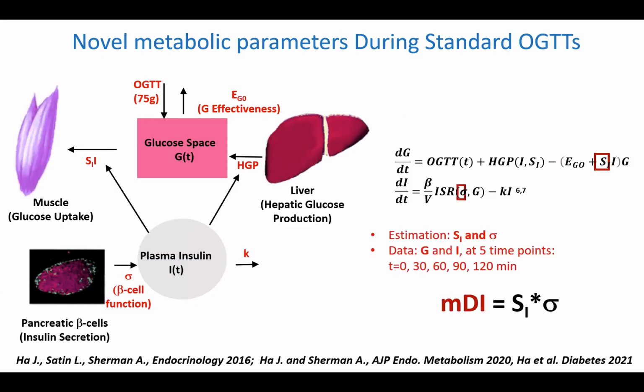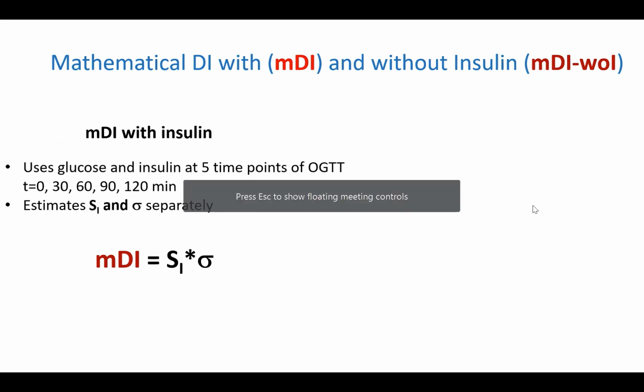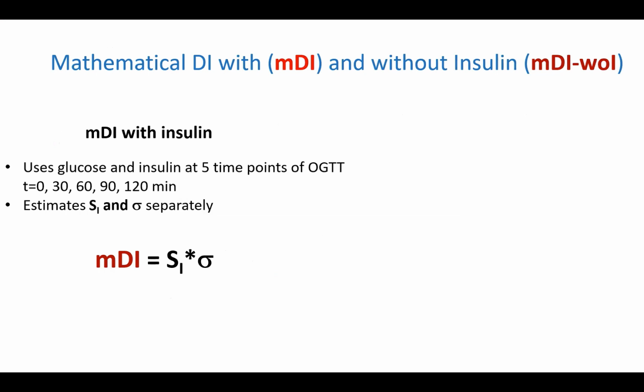So we estimate SI and sigma with standard OGTTs, which means glucose and insulin. But fortunately, we can estimate MDI without insulin. So now there is MDI with insulin and MDI without insulin. This is the MDI with insulin, the same as the previous slide.